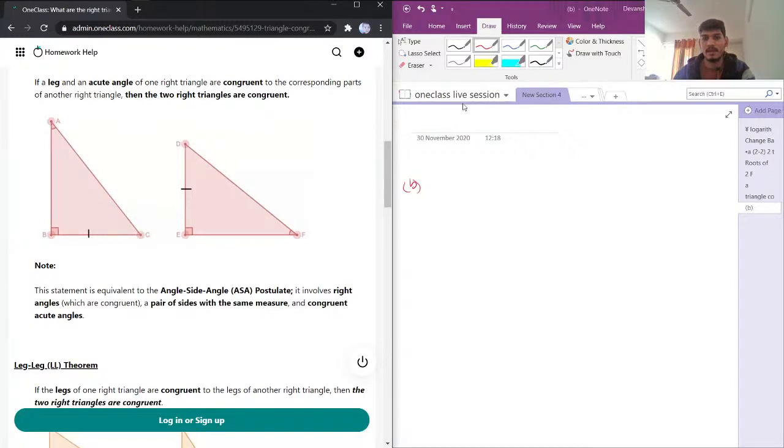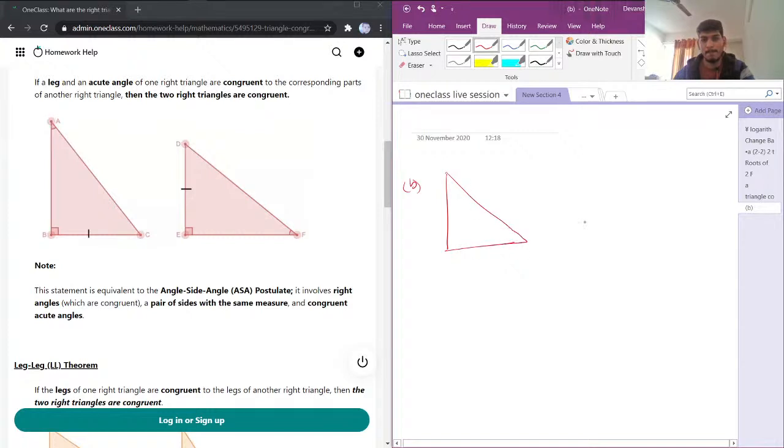Okay, again I'll just draw one right triangle. Again ABC, DEF. Let's say for this we have this acute angle.